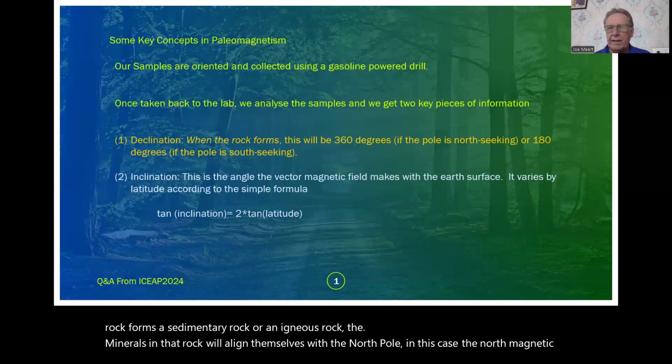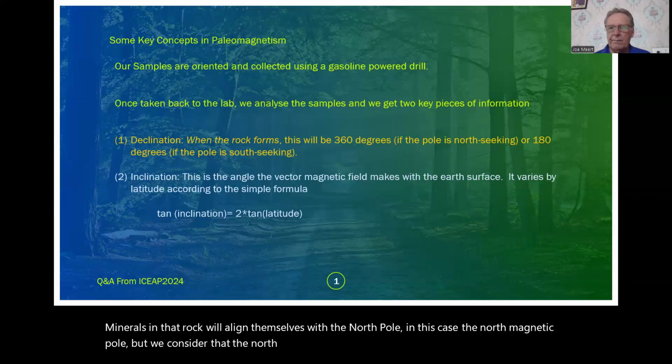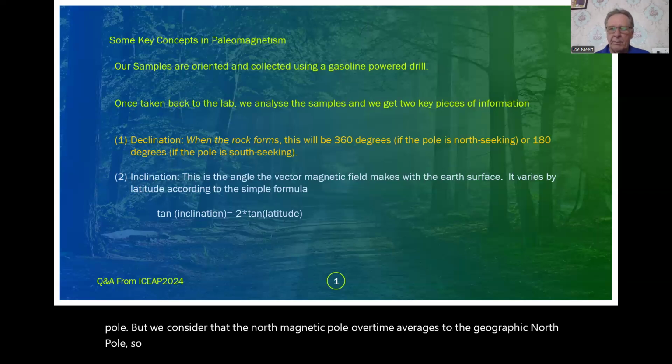But we consider that the North Magnetic Pole over time averages to the geographic North Pole. So when that rock forms and the Earth's magnetic field is the same way it is today, then it will have a declination of 360 degrees.